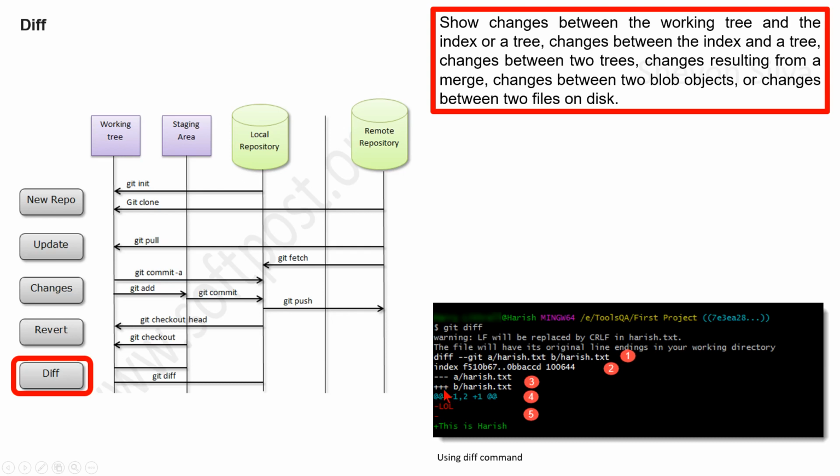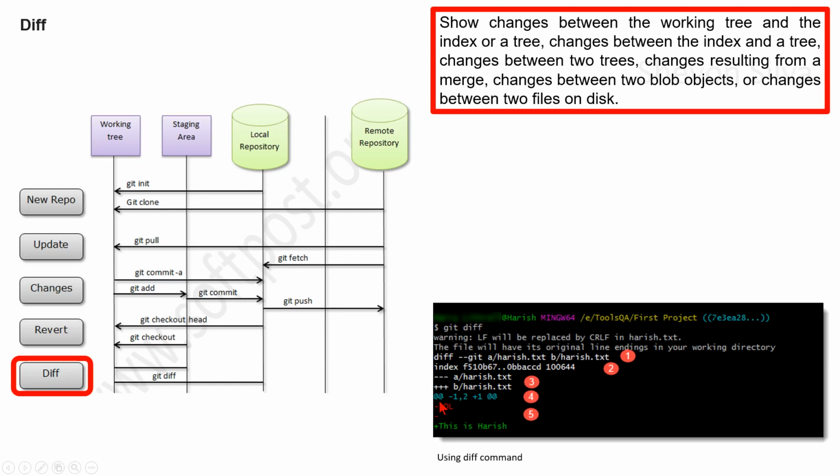The fourth line shows you the symbols @@ and symbols ahead of it. They are called chunks. Chunks in git diff define the change summary.